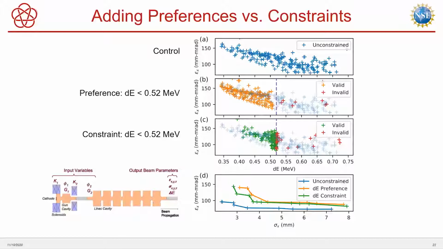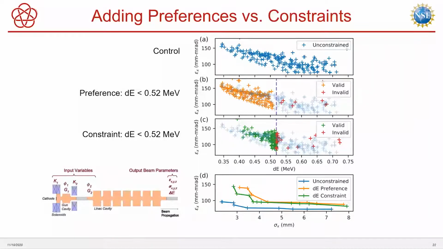The unconstrained Pareto front for emittance x and sigma x gets definitely much better if you constrain your energy spread. Is that right? So essentially, it's the reason why we are able to find a better Pareto front in sigma x and emittance x is because we are allowing the energy spread to increase.